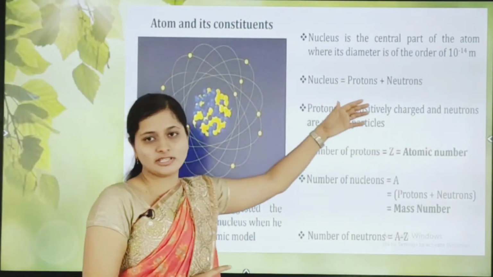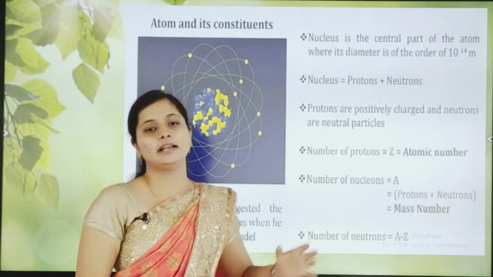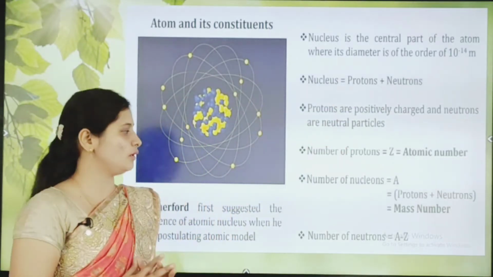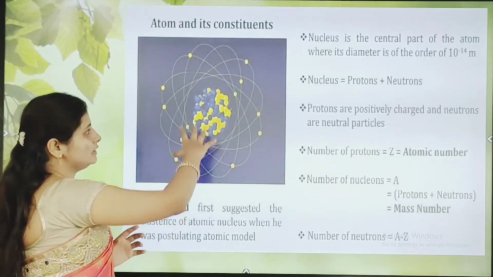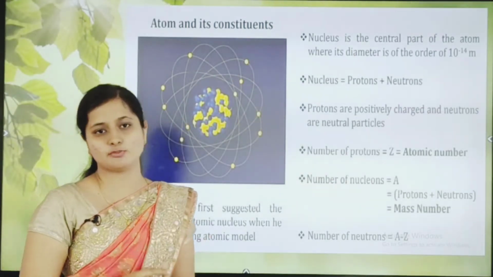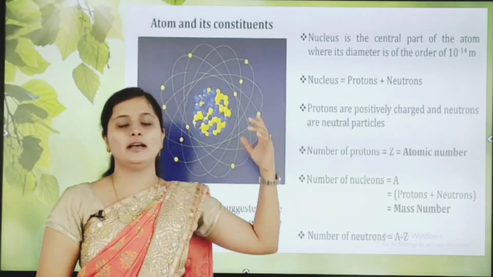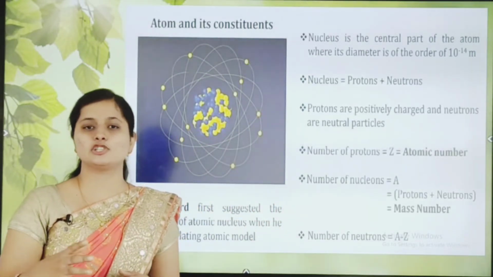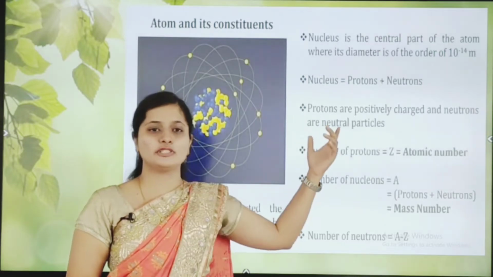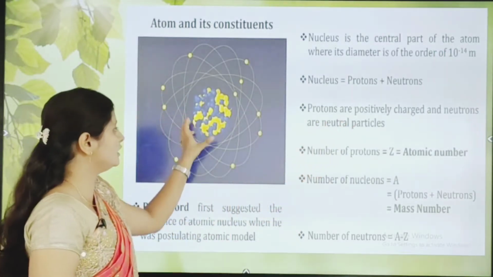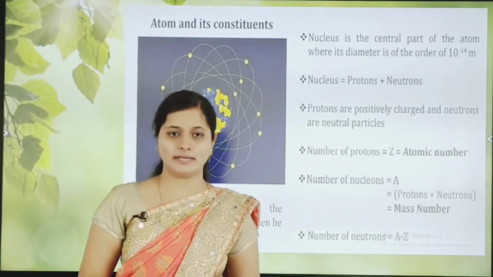Protons are positively charged and neutrons are neutral particles. So we completed three points: the nucleus is the center core of an atom with diameter 10 raised to minus 14 meter, protons are positively charged, and neutrons are neutral.